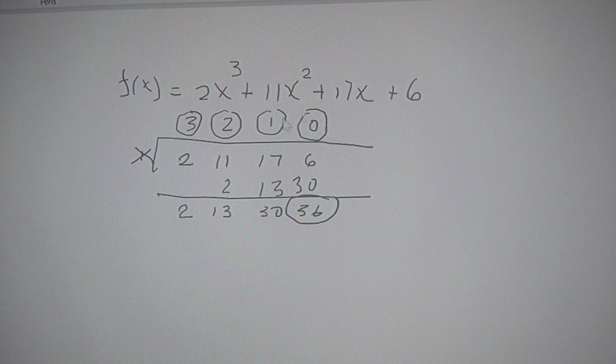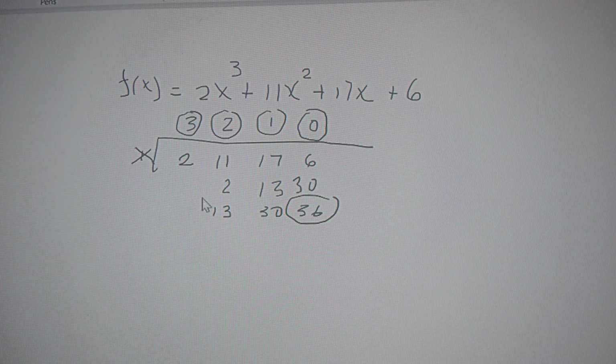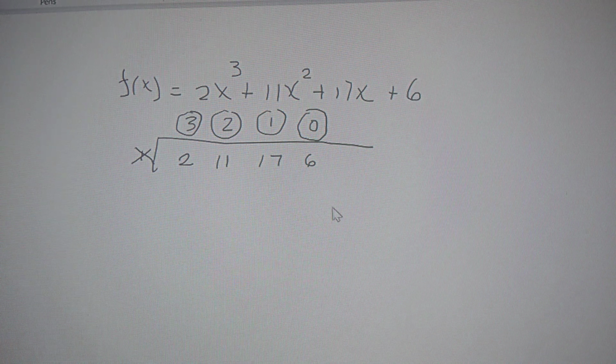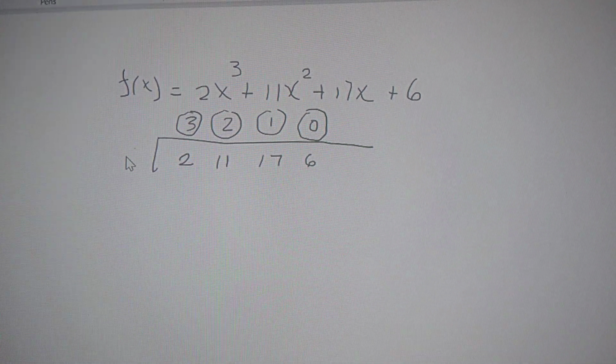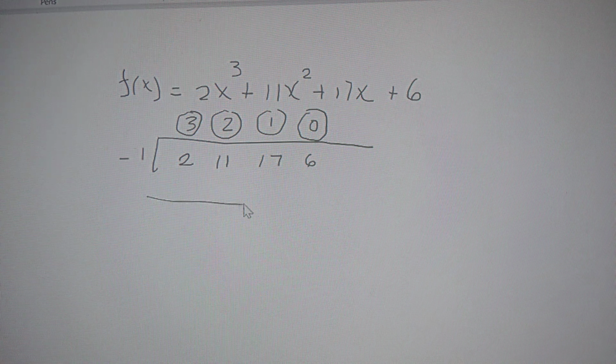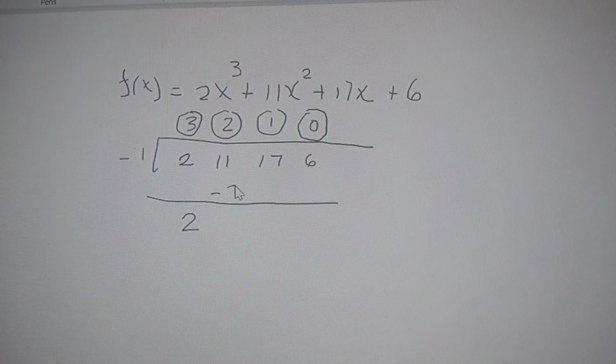So let's list the possible roots. Well, we said they are the factors, right? So let's try minus 1 now. Bring down the 2. 2 times minus 1 is minus 2.